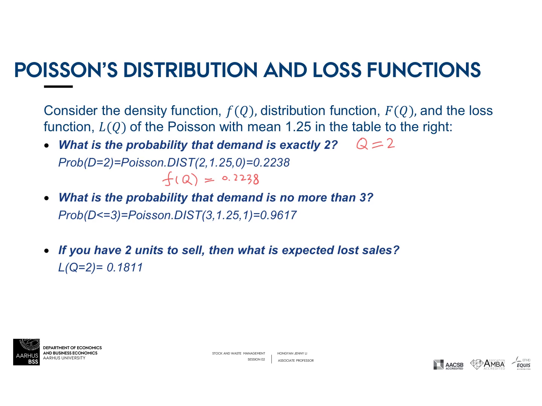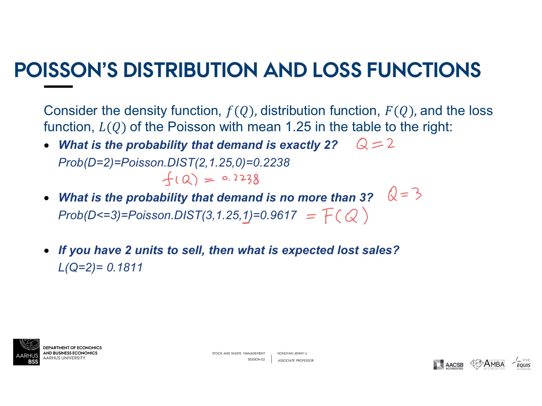The next question: what is the probability that the demand is no more than 3? So here we want the demand less than or equal to 3, and you can use the cumulative Poisson distribution function. You find this value, and this can also be calculated by directly reading the value from the Poisson distribution table F(Q), where Q equals 3. So that's how you find the same value.